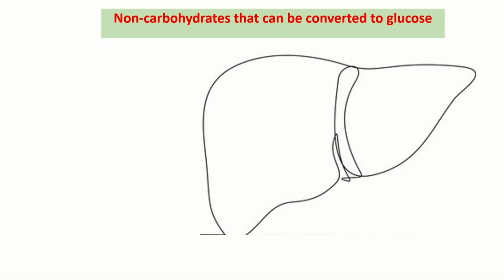Any non-carbohydrates that can be either converted to glycolytic intermediates, pyruvate, or Krebs cycle intermediates, can act as the precursors for gluconeogenesis. For example, glucogenic amino acids. Proteins break down during starvation releasing amino acids, some of which can be converted to glucose, and are termed glucogenic amino acids. Alanine is a typical example of such amino acid.